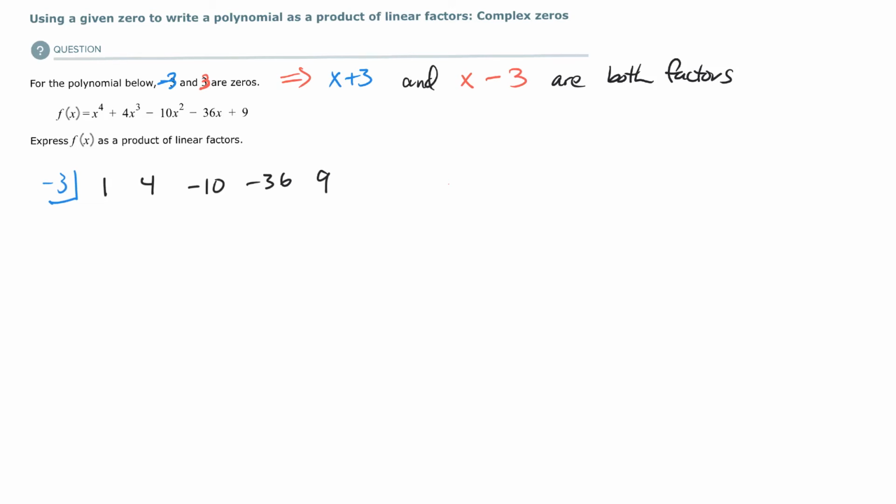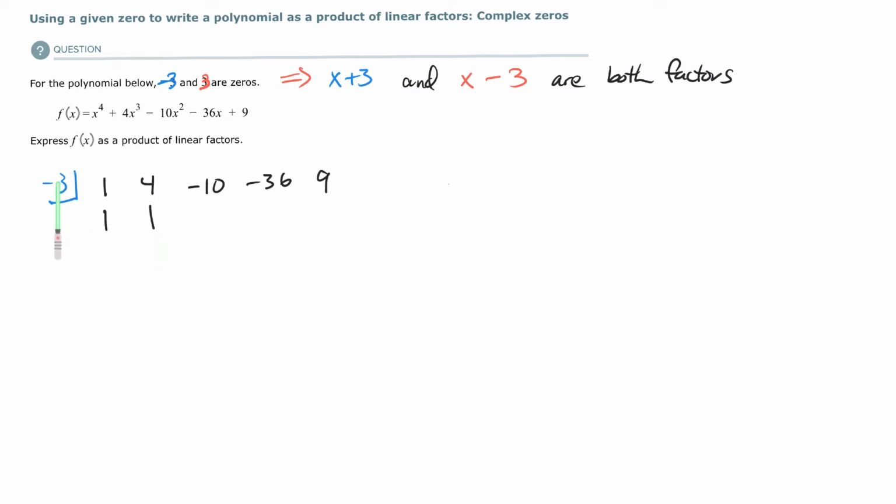With synthetic division, the first thing you do is bring down the 1. Then multiply 1 times negative 3, which is negative 3, add it to 4, which is 1. Write the 1 here. Repeat this process over and over again until you finish the division.